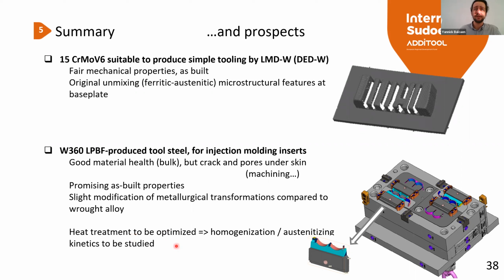So we have to understand austenitization and homogenization of this material. So we have to perform a study on heating of this material, calorimetric studies, for example.